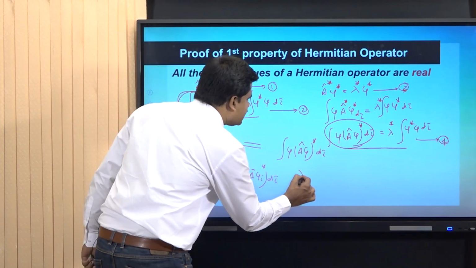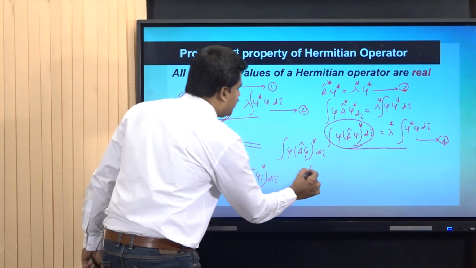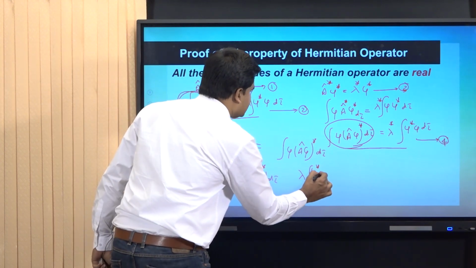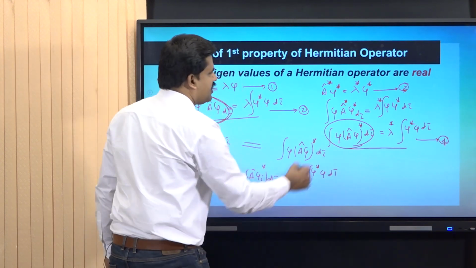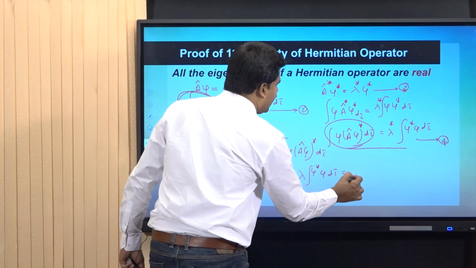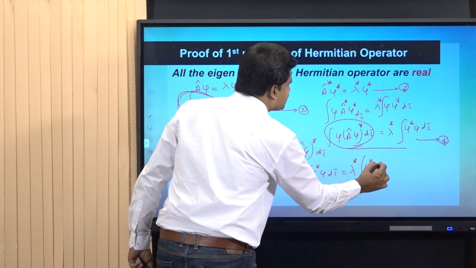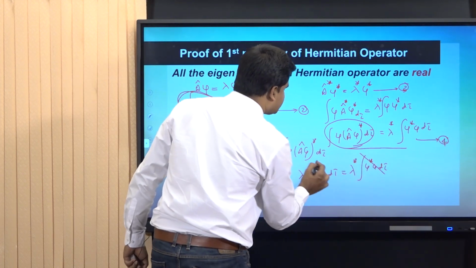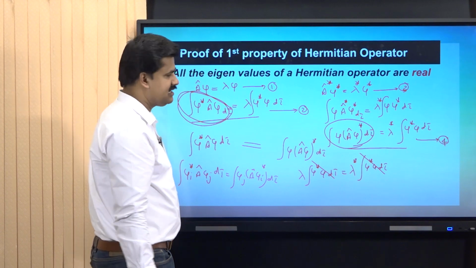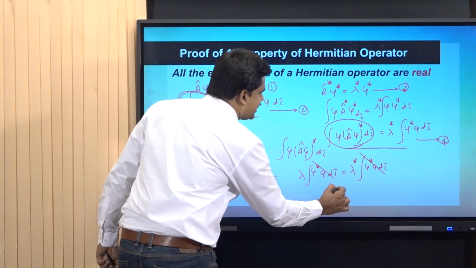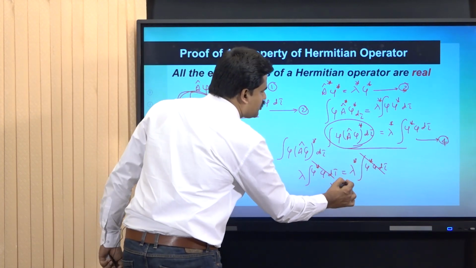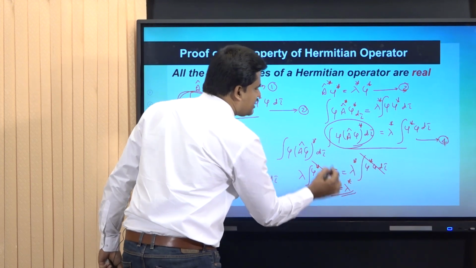The left is lambda times the integral of psi star psi d tau, and the right is lambda star times the integral of psi star psi d tau. These two integral terms cancel, so we get the final relation: lambda is equal to lambda star.